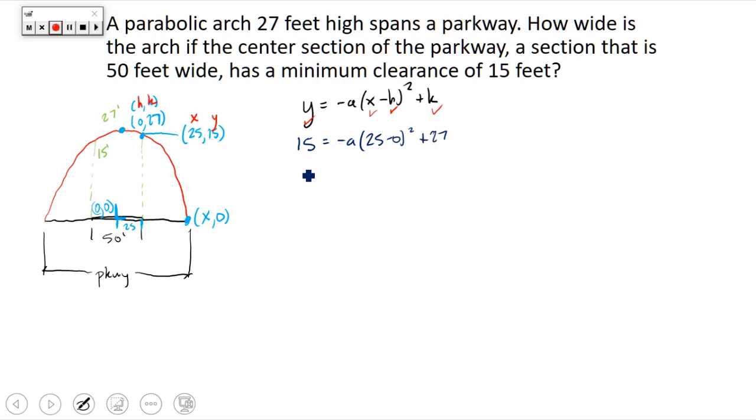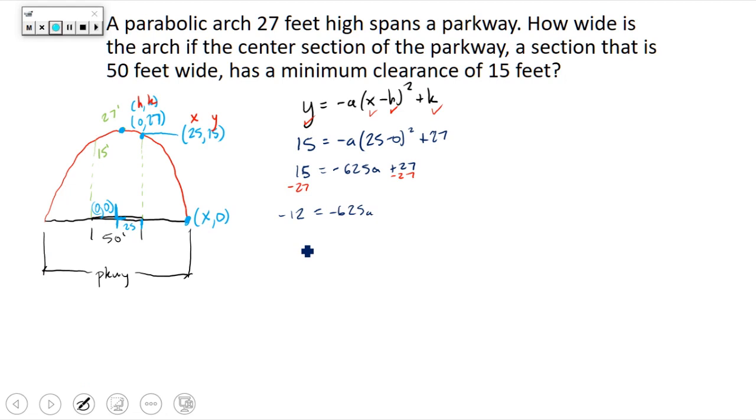So let's clean this up a little bit. 15 is equal to 25 squared, which is 625, so it's negative 625a plus 27. If we subtract 27 from both sides, we get that negative 12 is equal to negative 625a.